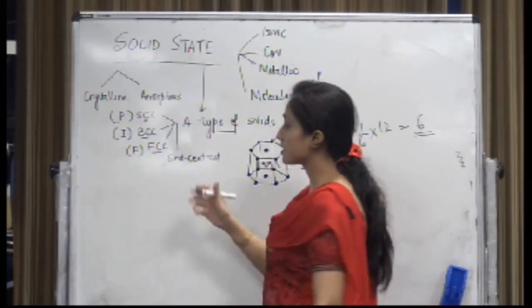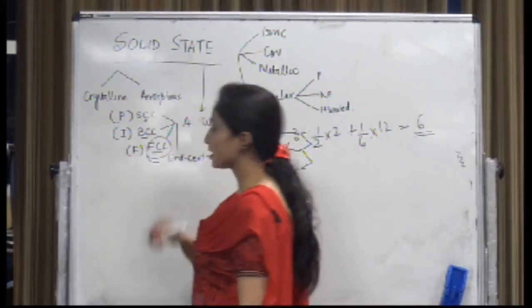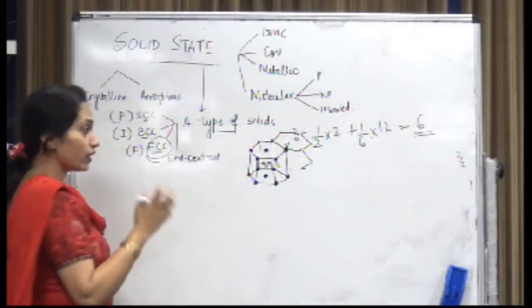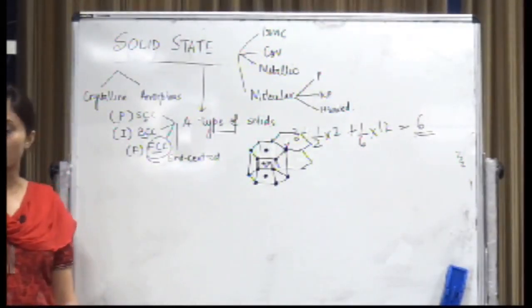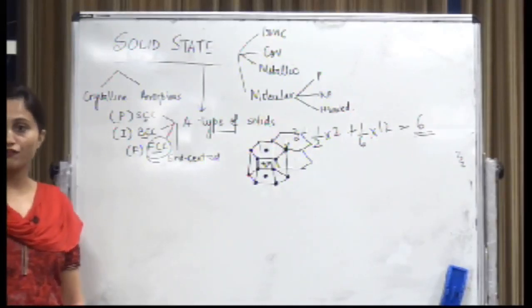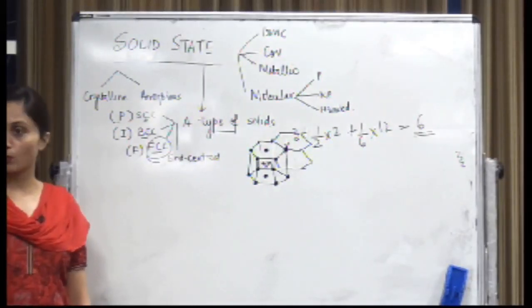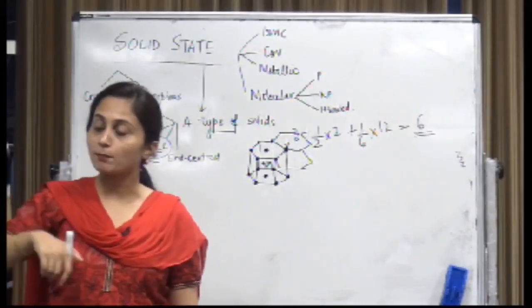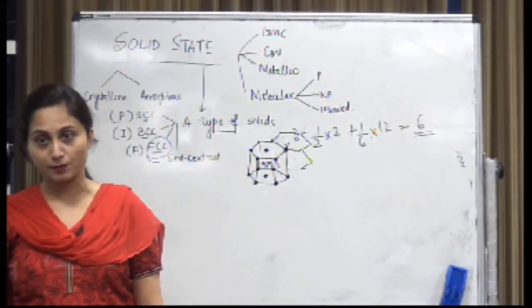Another thing here is, say if I am talking about a face centered unit cell, look up all of you. I told you a unit cell is a complete representation of one molecule. Say if I am talking about NaCl, one unit cell will be completely representing one NaCl unit.